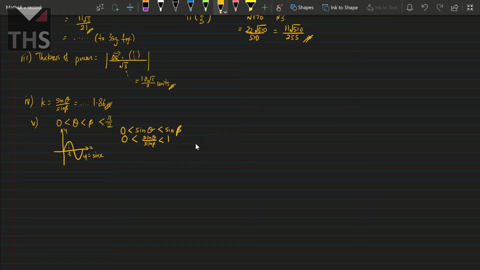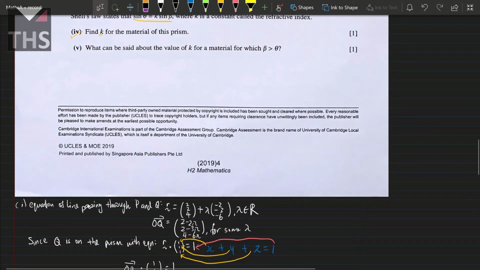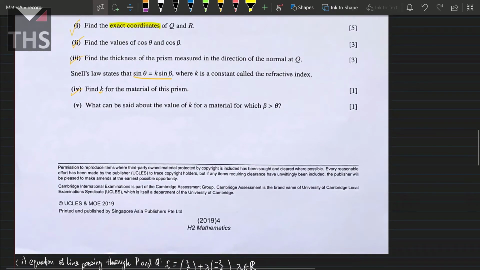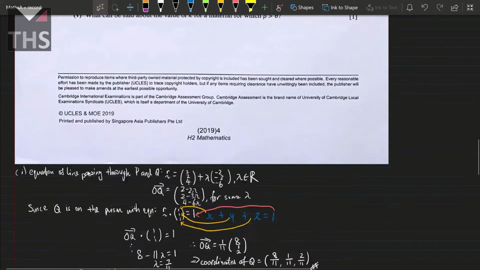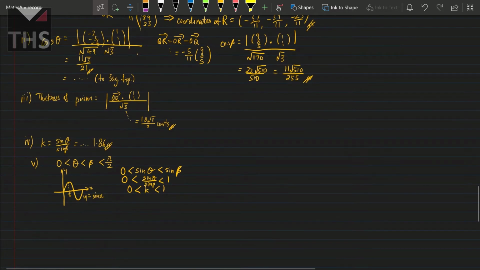This is like how we do proving last time, you try to move towards what they want you to show. So then we see sine theta over sine beta already. So this is actually k. Ta-da! So what can be said about the value of k for a material for which beta is greater than theta? That's all we need to write. k is between 0 and 1.